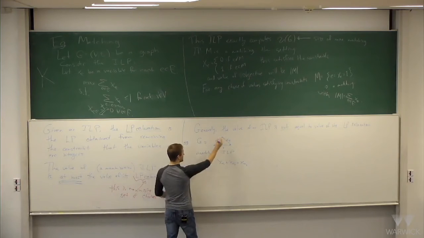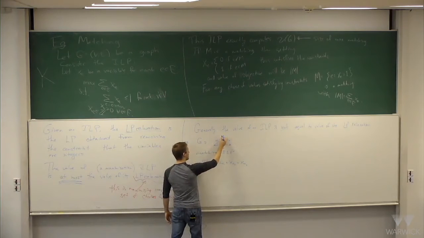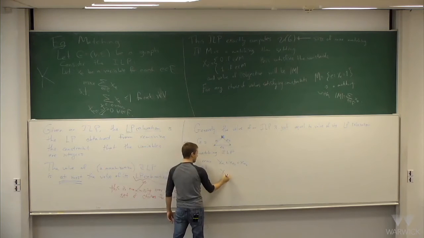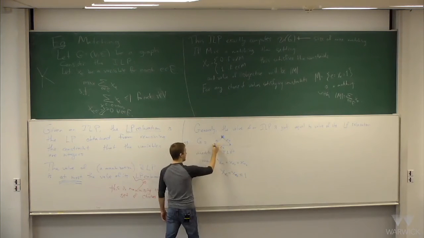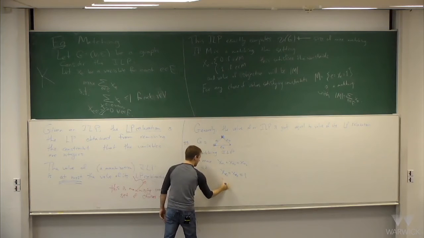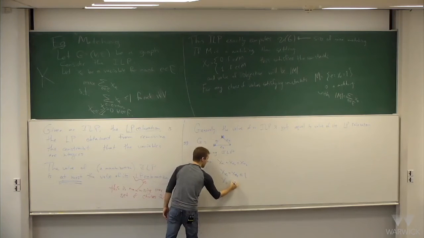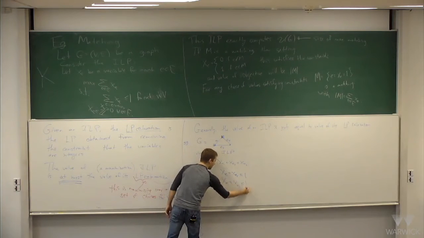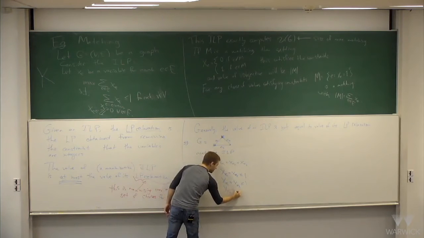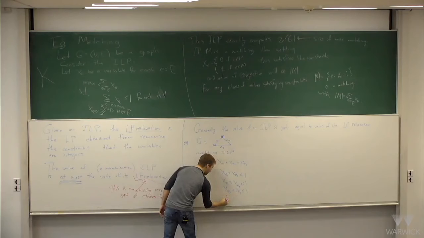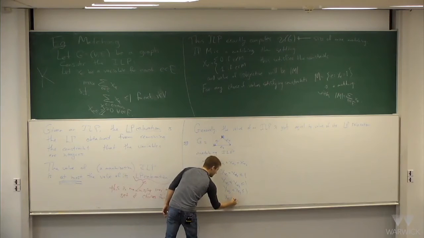So for this vertex, the value on E1 plus E2 has to be at most 1. For this vertex, E1 plus E3 is at most 1. And for this last vertex, E2 plus E3 is at most 1. And then I have non-negativity constraints.